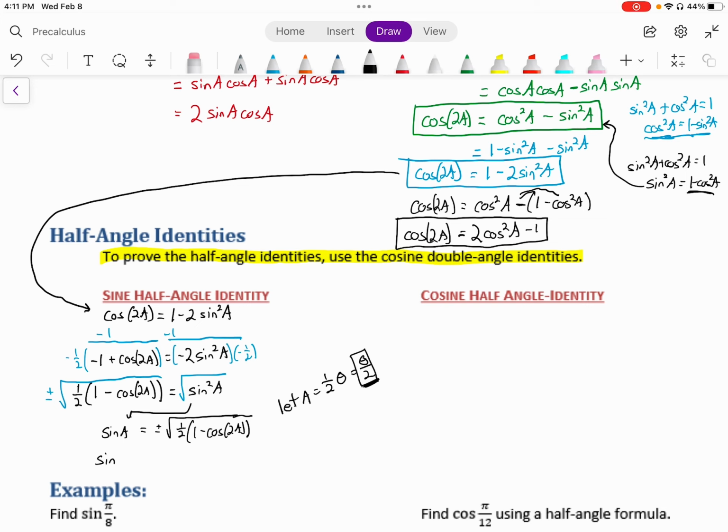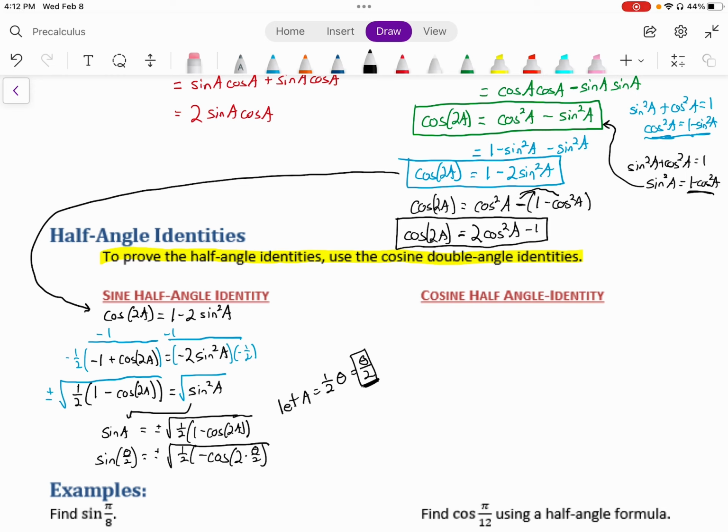So sine of theta over 2 equals plus or minus the square root of 1/2 times 1 minus cosine of 2 times a, which we're letting a equal theta over 2. And we notice things cancel there.